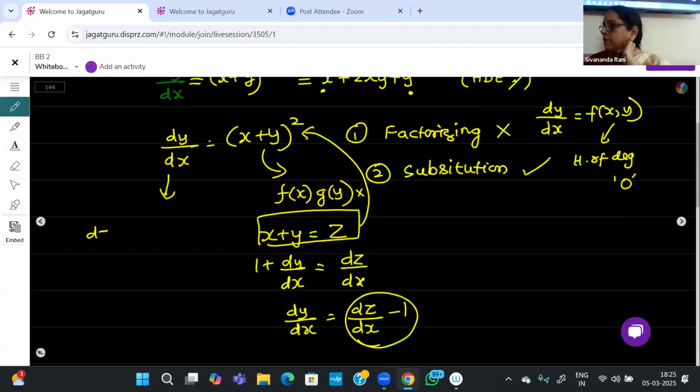Once you resubstitute in terms of z, you can see that this is dz by dx minus 1. Right hand side is z square. So dz by dx is z square plus 1.